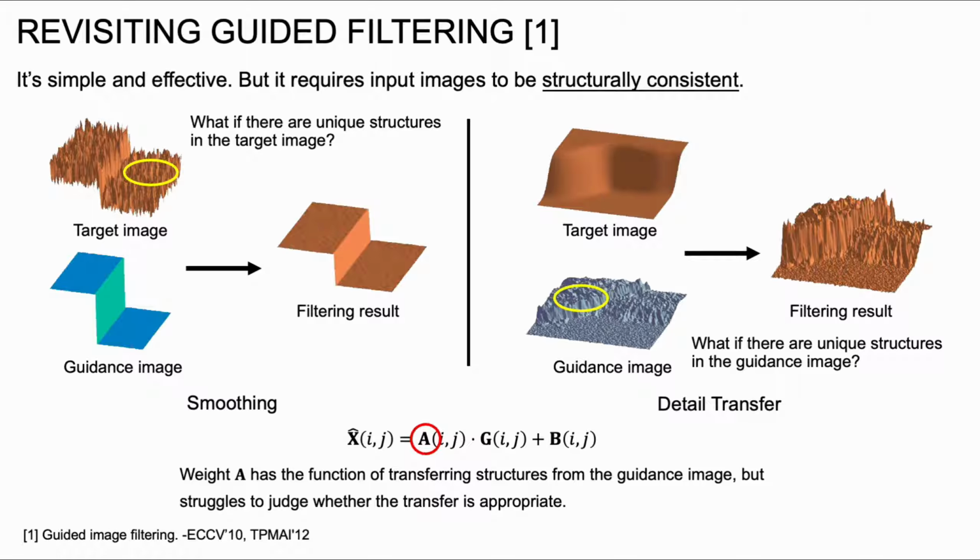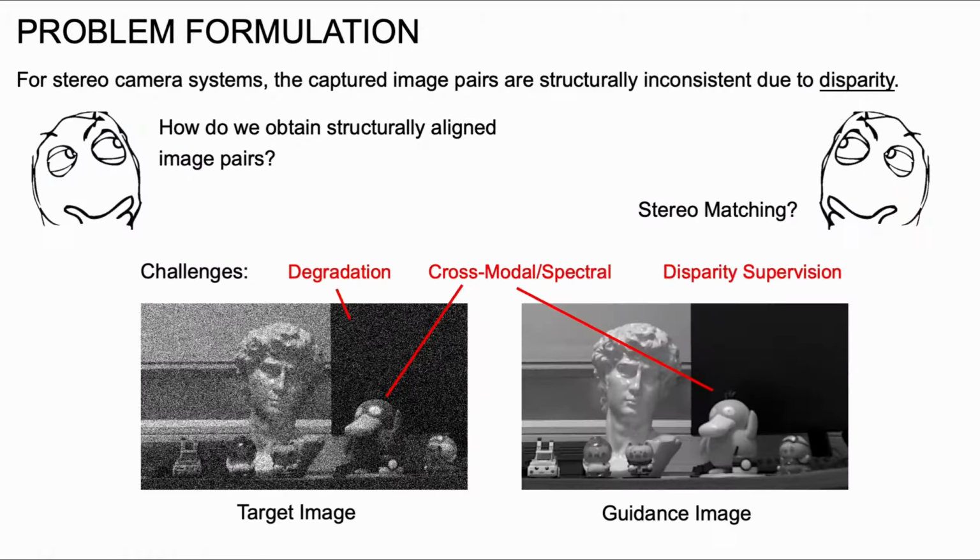For image restoration tasks, if there are unique structures in the guidance image, the inconsistent contents can lead to ghosting artifacts. In other words, the weight, A, only has the function of structure transfer, but struggles to judge whether the transfer is appropriate. For stereo camera systems, the structural inconsistency issue arises from the misalignment of images.